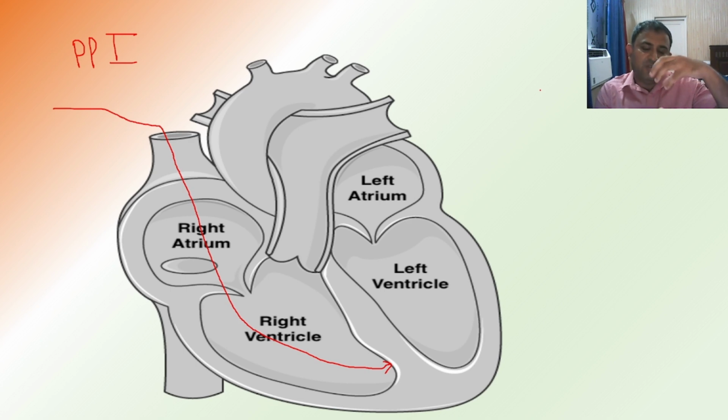The atria start pumping on their own, and the ventricle is pumping because of the pacemaker. This discomfort we call post pacemaker syndrome. I will not go into details of that.